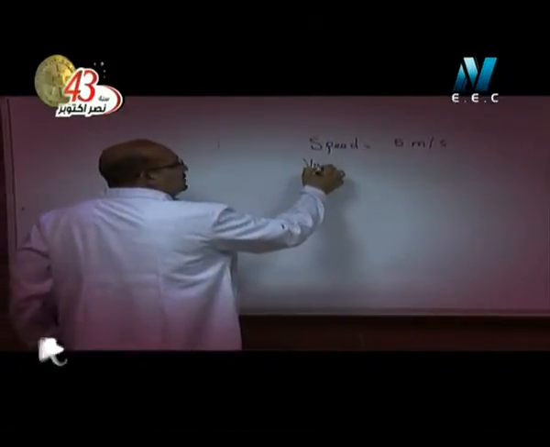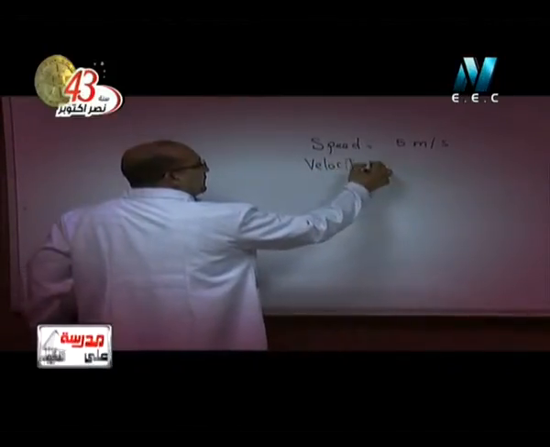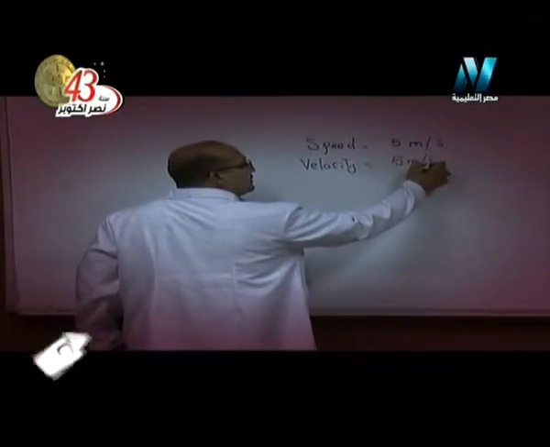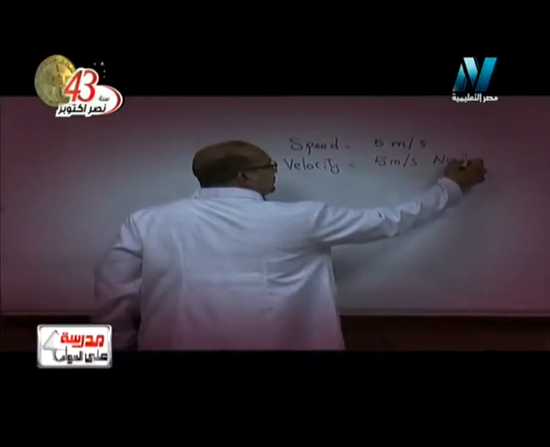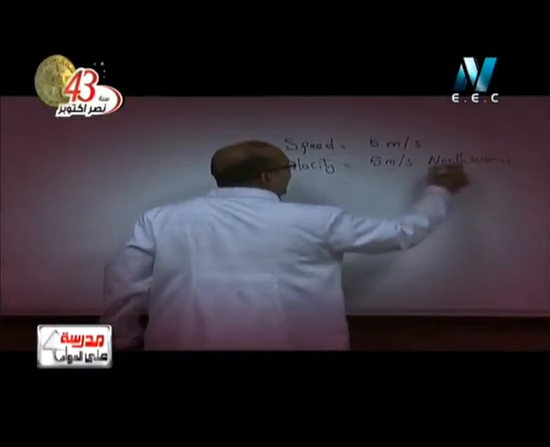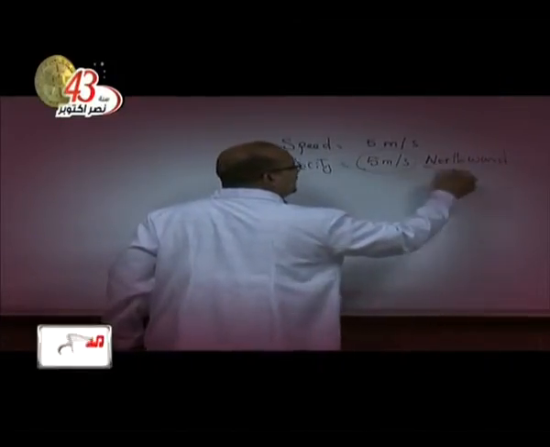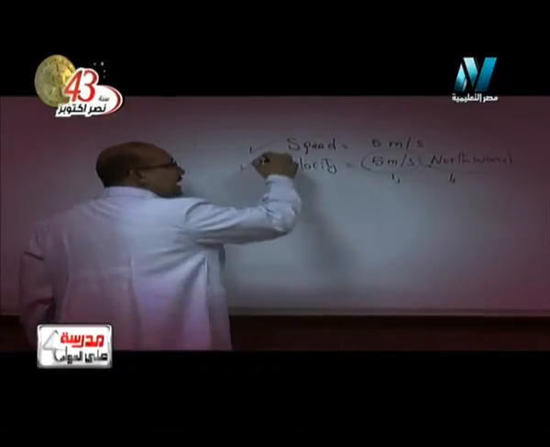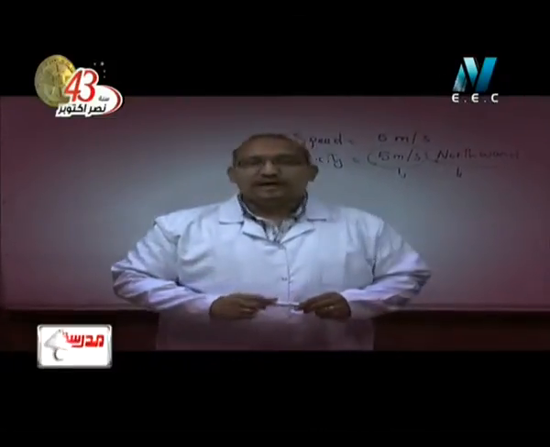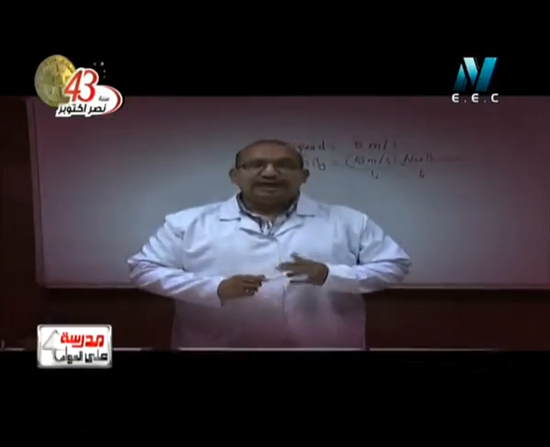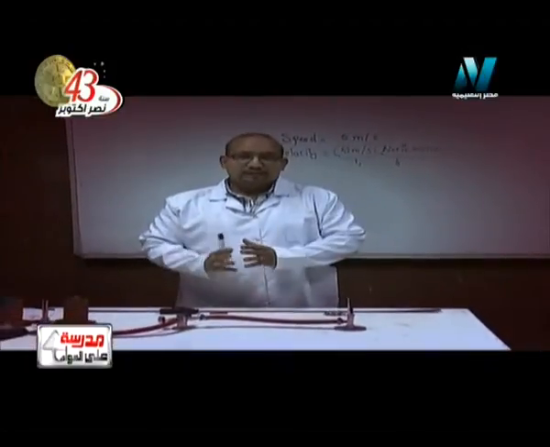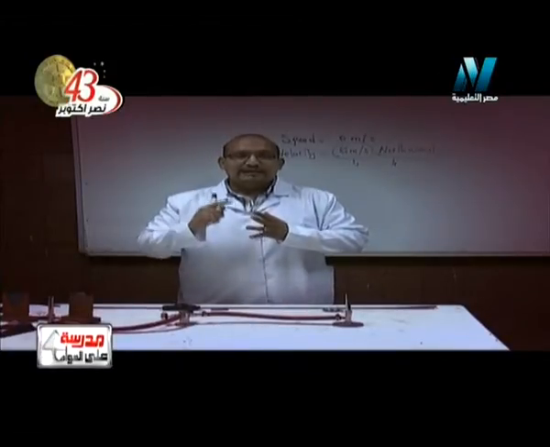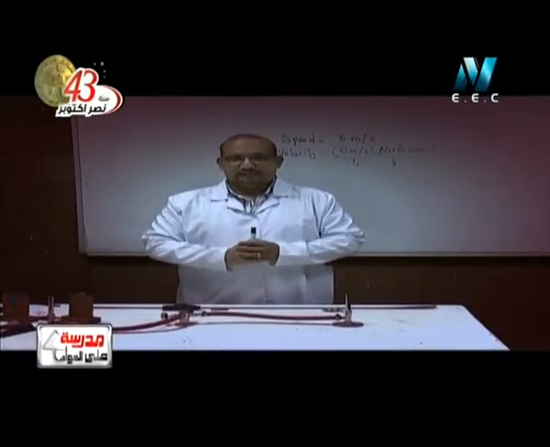But if we talk about velocity, we say 5 meters per second northward. We mention the measuring unit and at the same time the direction, so we can differentiate between speed and velocity. Vector quantities are velocity, acceleration, and weight, and scalar physical quantities are speed, mass, time and distance.